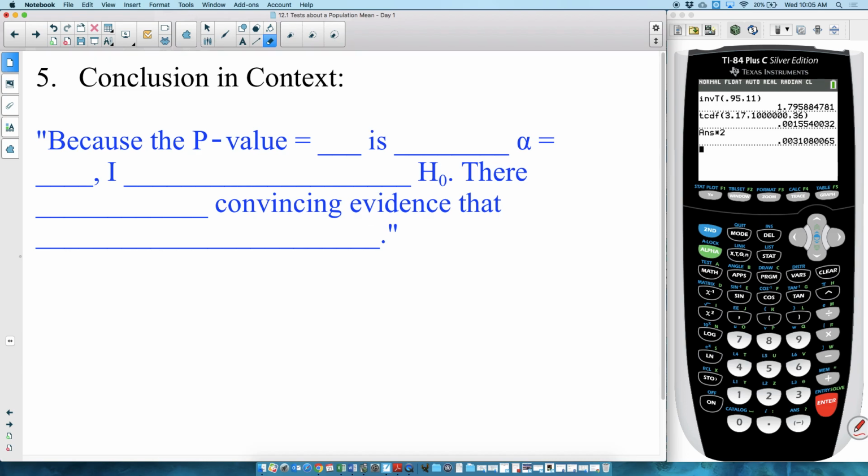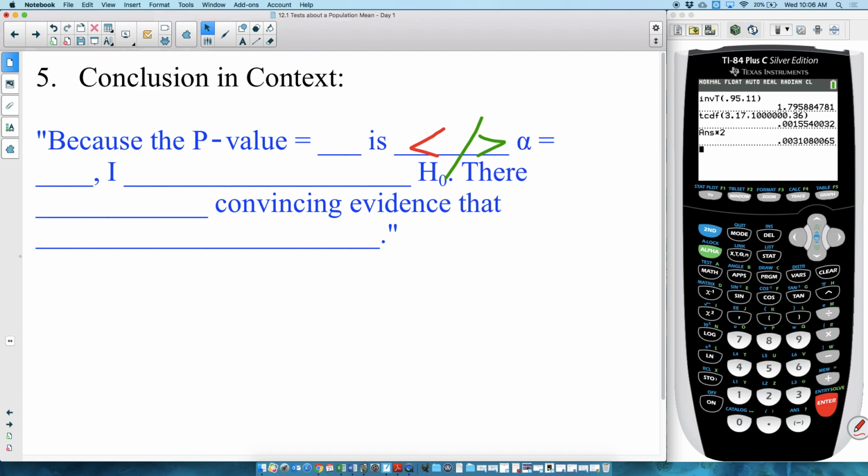Okay, so our p-value is either less than or greater than alpha, whatever alpha equals.